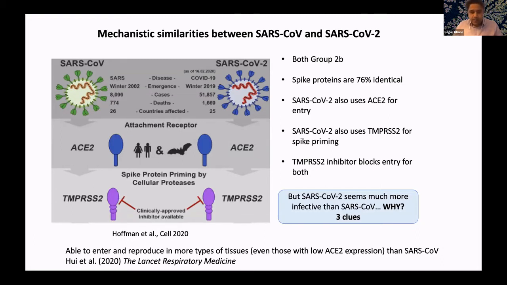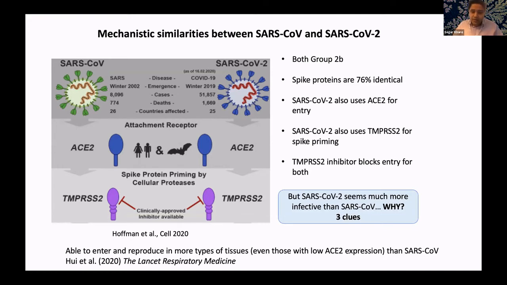And by infective, we mean not only that it has spread around quite a bit more, and that there is asymptomatic spreading, but also that it has higher tropism, as it is called. What tropism means is the ability of this virus to enter many different types of tissues.